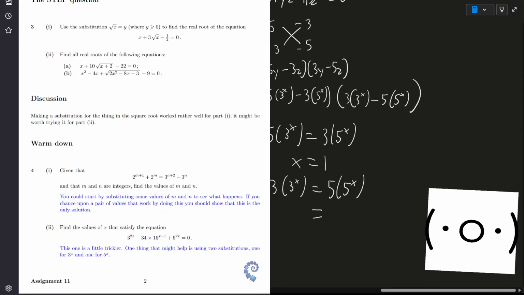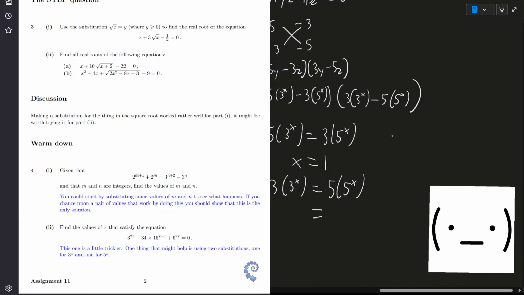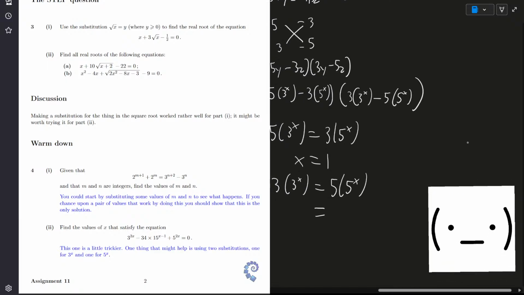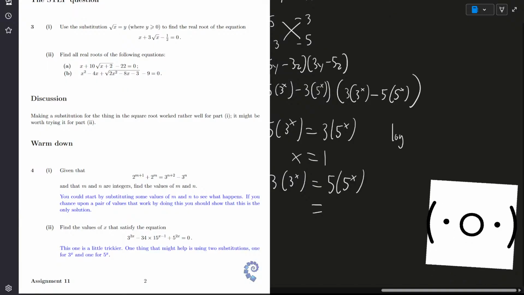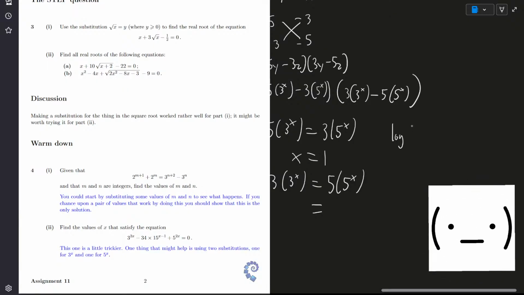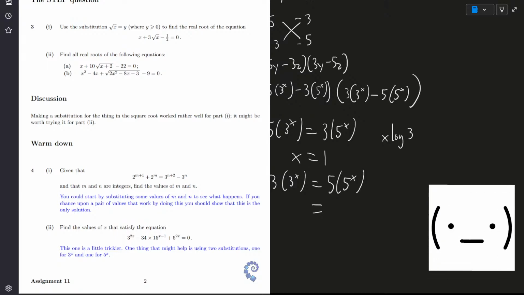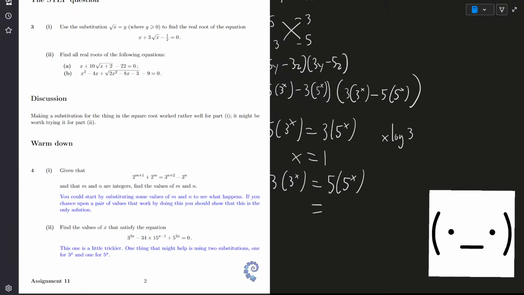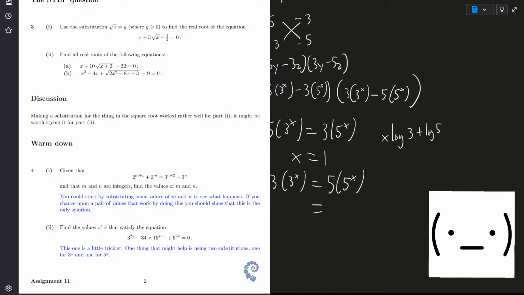I guess I can log it just to prove it, right? Okay. If we log both sides, it becomes... I guess natural log, but whatever. There's no difference. This becomes x here. Is that how log laws work?